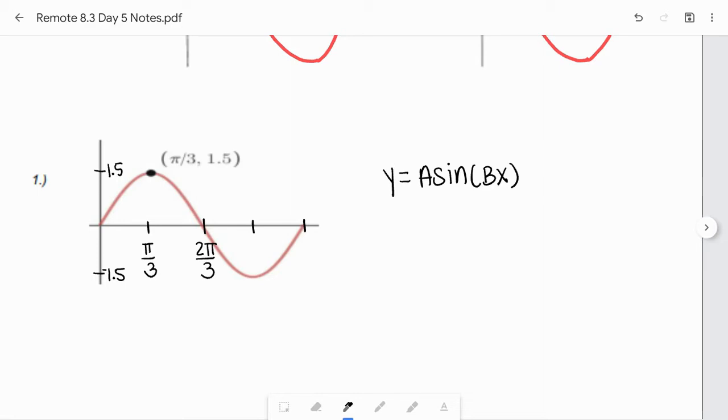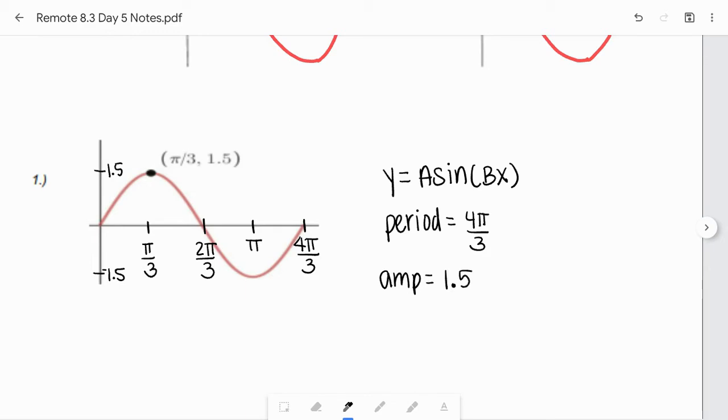At my minimum, I would just be at pi or 3 pi over 3. And then I'm back to 4 pi over 3 if I just keep adding pi over 3 each time. Okay, so I know that the period is going to be equal to 4 pi over 3. My amplitude, we've already identified that, and that is 1.5.